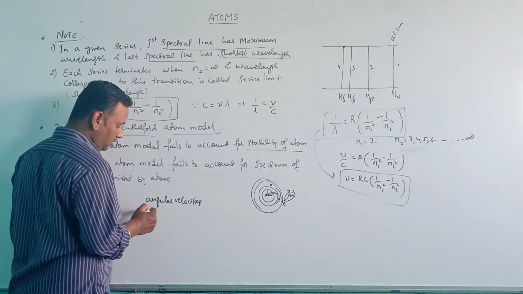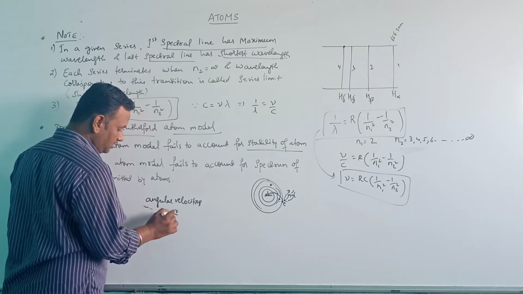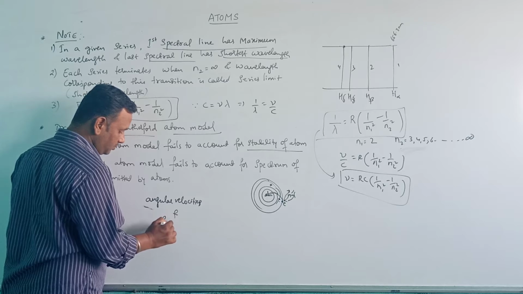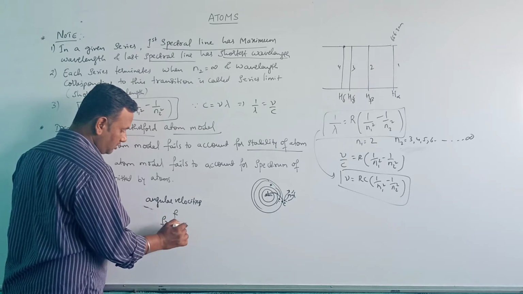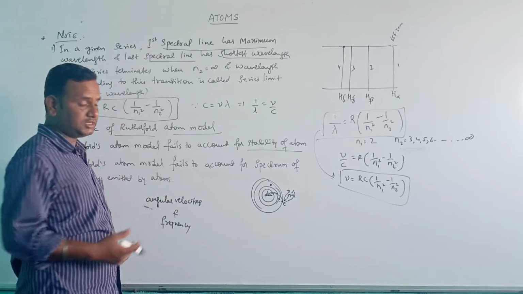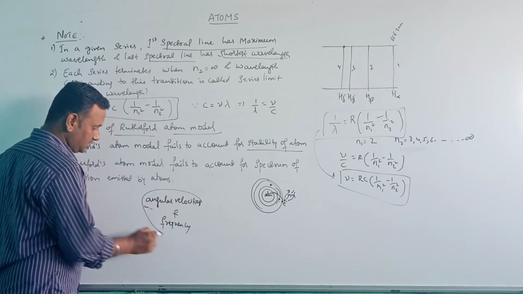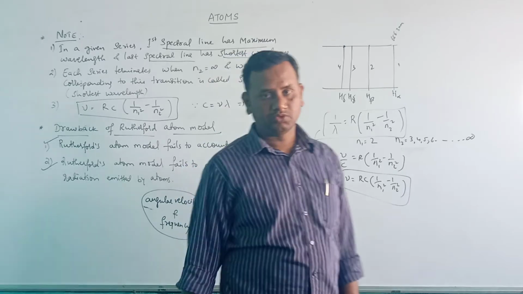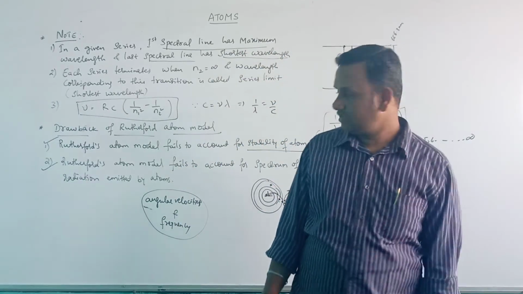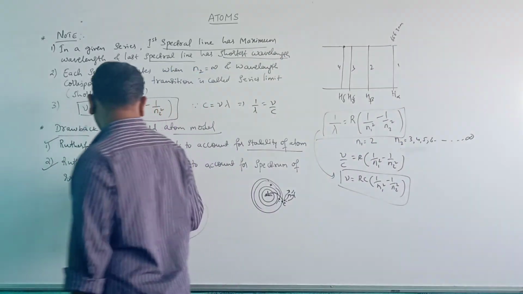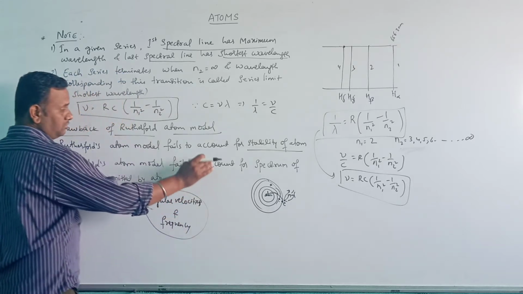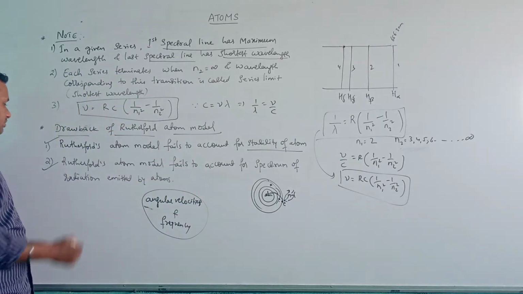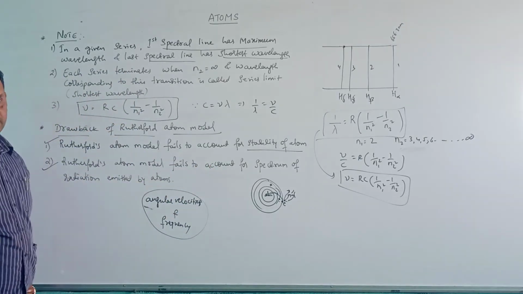There the angular velocity and the frequency of the emitted radiations go on decreasing. So he failed to account for the spectrum radiation emitted by the atoms.